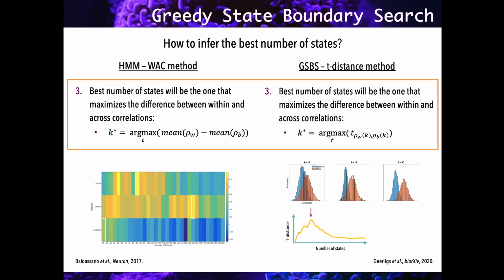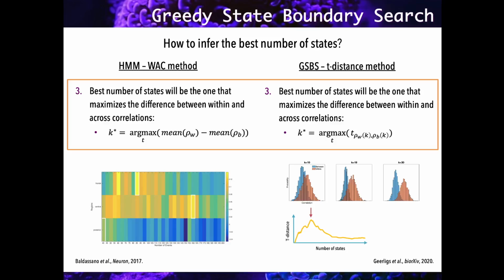And the best number of states that will explain our data is going to be the number of states where this t-distance is maximum. And they show that this method seems to work much better than the within and across method, especially when we add more noise to our data.